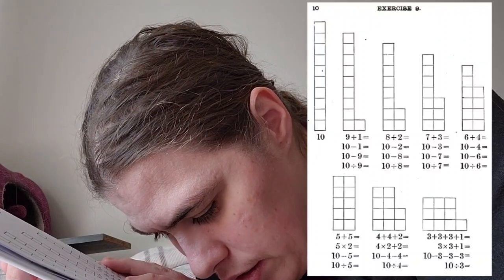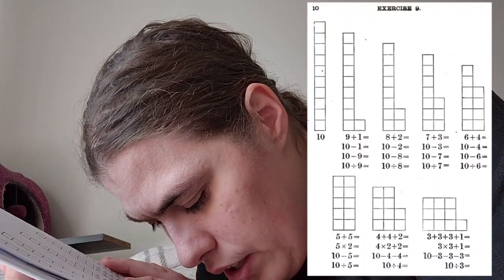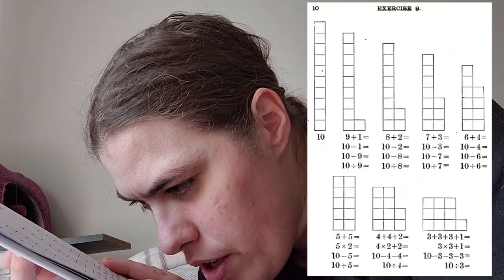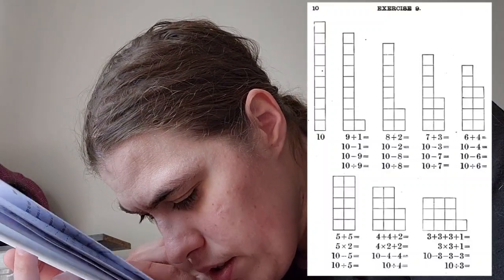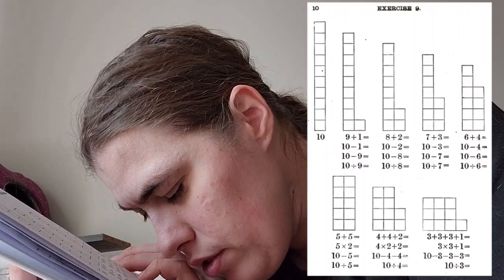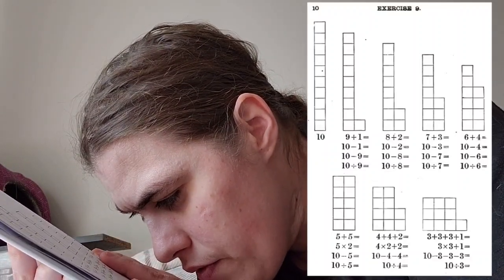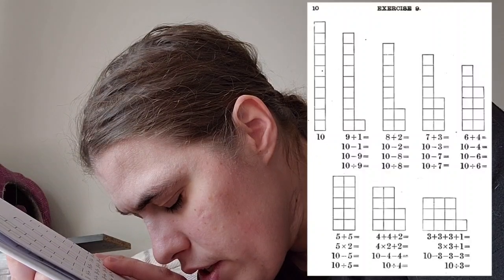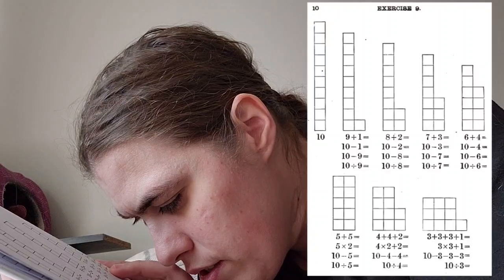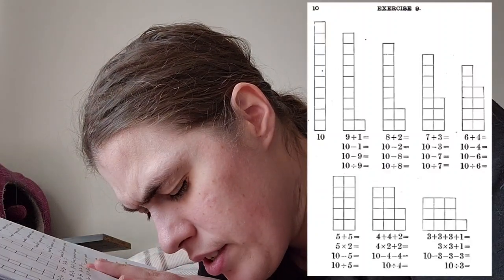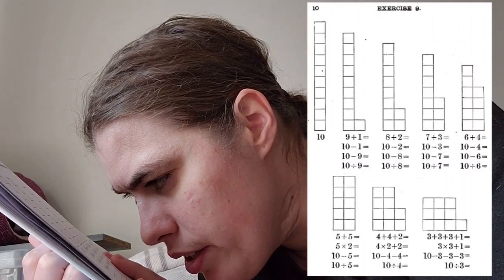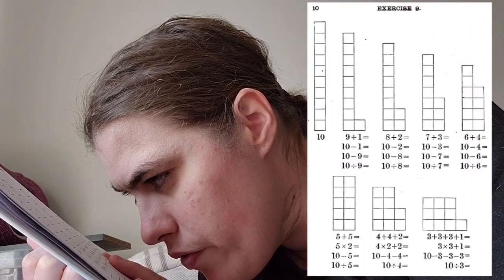And 10 divided by 7 is 1 and 3/10. 6 and 4 are 10. 10 less 4 is 6. 10 less 6 is 4. 10 divided by 6 is 1 and 4/10?